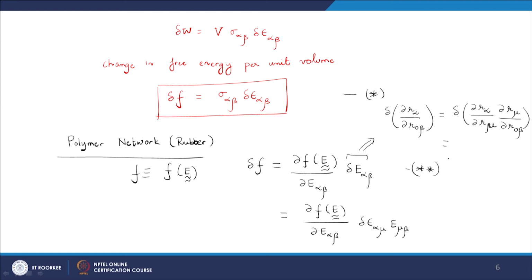The first term will give me the strain tensor, and the second term will give me the deformation gradient tensor.